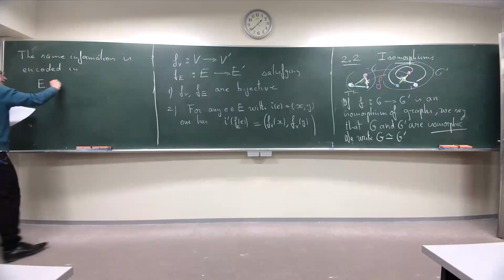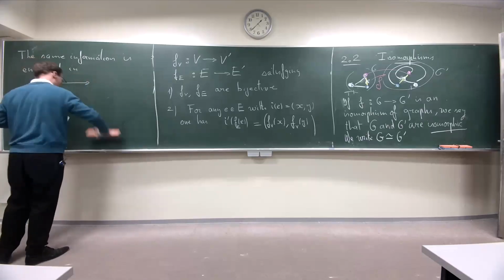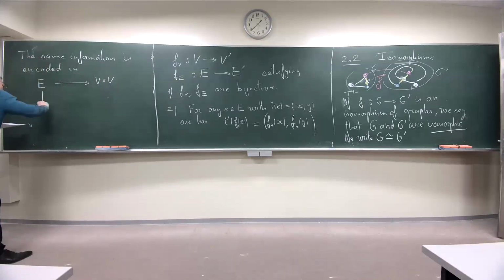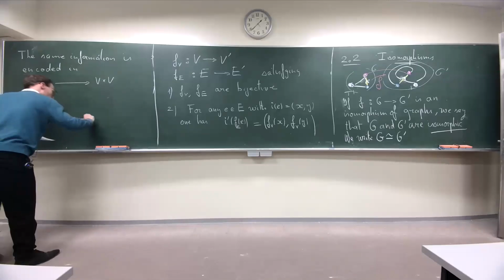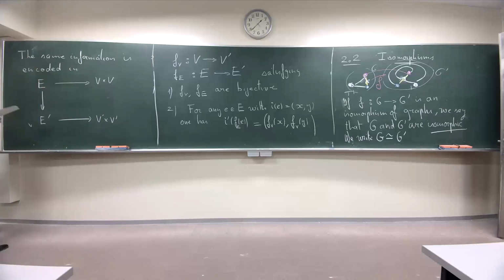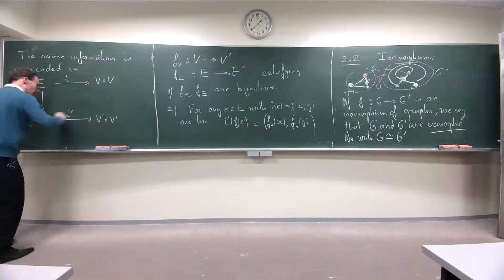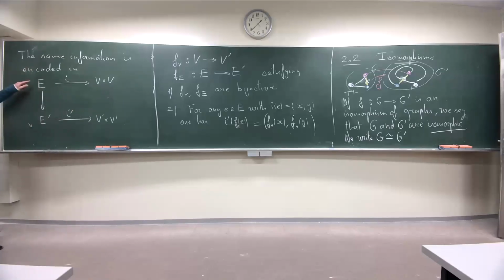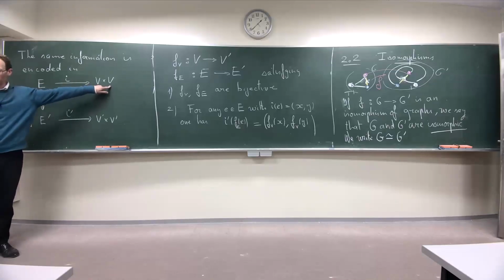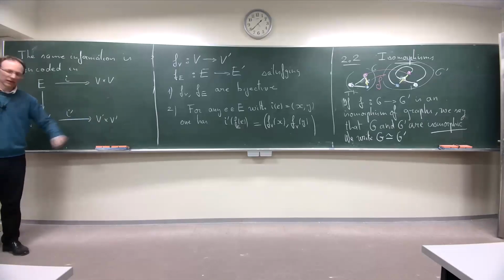I take an edge and I send it to B times V. Now vertically E prime. These horizontal arrows are I and I prime. Any edge I associate its initial point, its final point. Any edge here, I associate its initial point, its final.